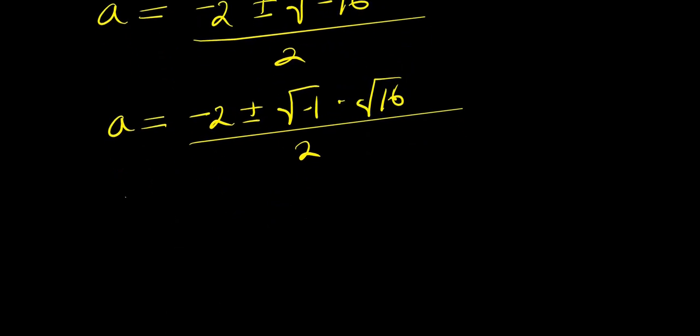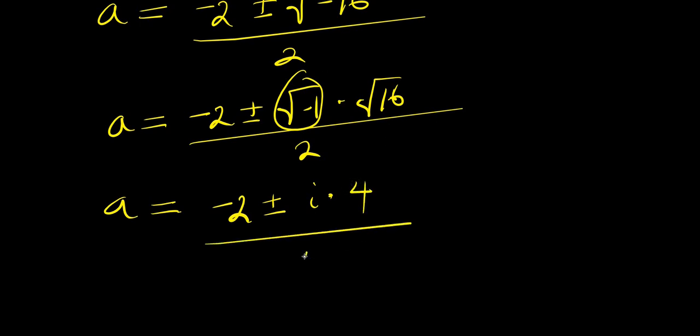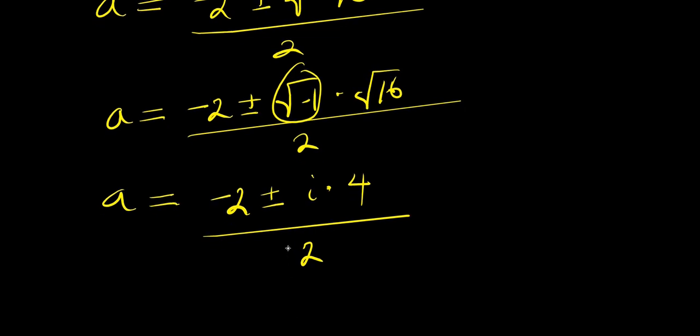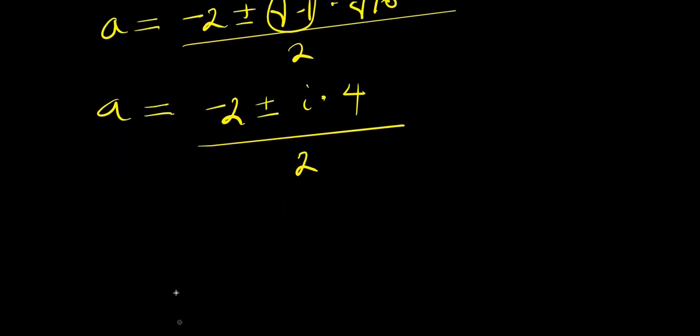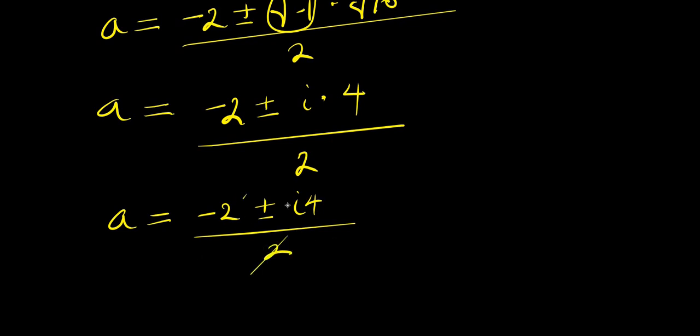So from here, I'll have a equals -2 plus or minus, the square root of -1 here is i, times the square root of 16. And the square root of 16 is 4. This is divided by 2. So from here, you have a equals -2 plus or minus i times 4, that is 4i, divided by 2. 2 divides this, divides this 2. So this is just like writing negative 1 plus or minus i times 2.